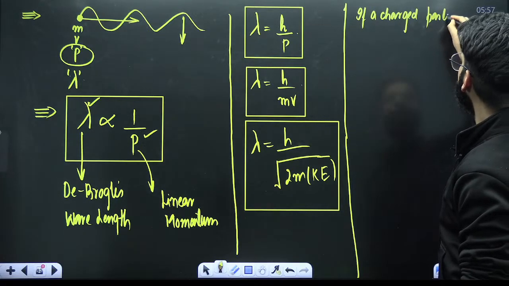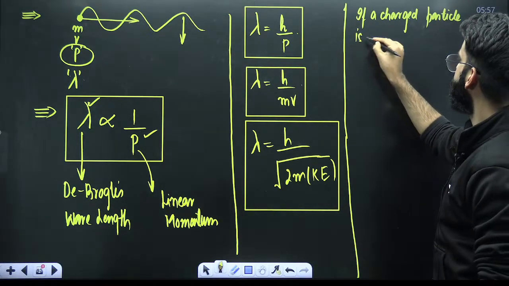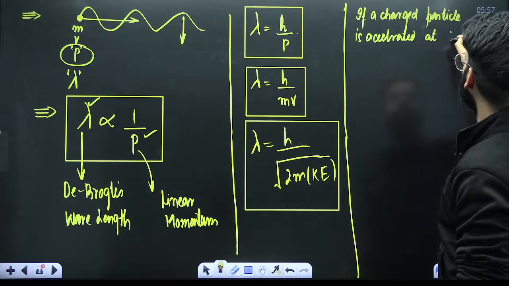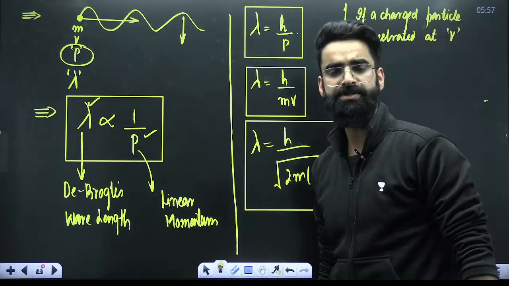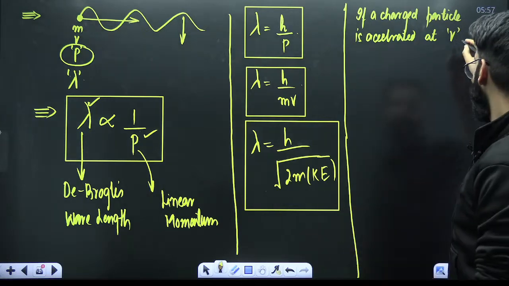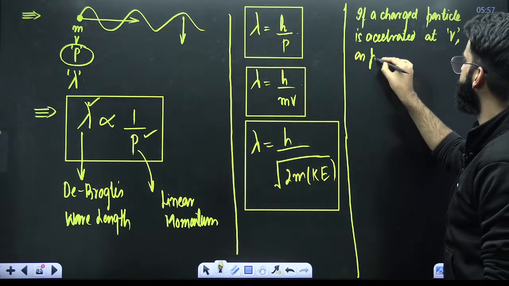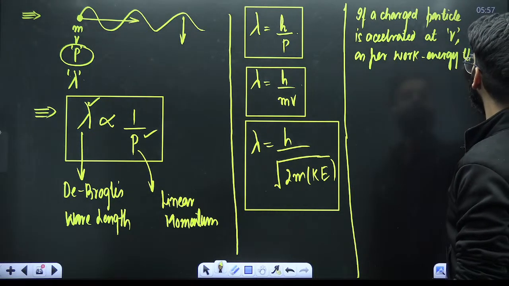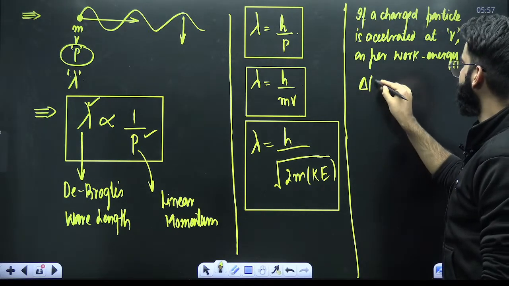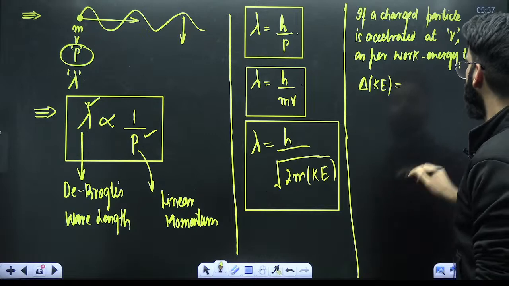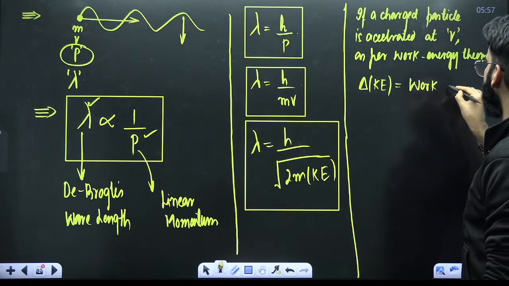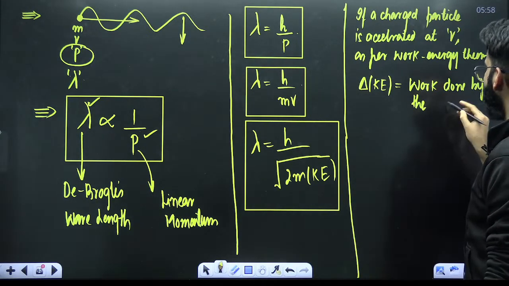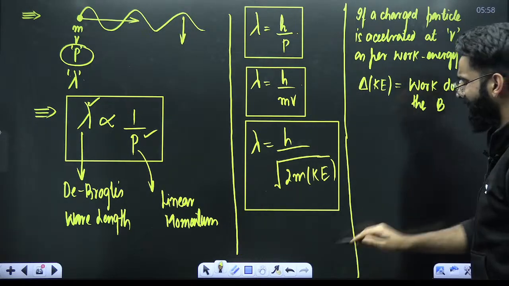If a charged particle is accelerated at a potential difference of V volts, as per your work energy theorem, change in the kinetic energy will be equal to work done by the battery, I'll say, by the source, I'll say.